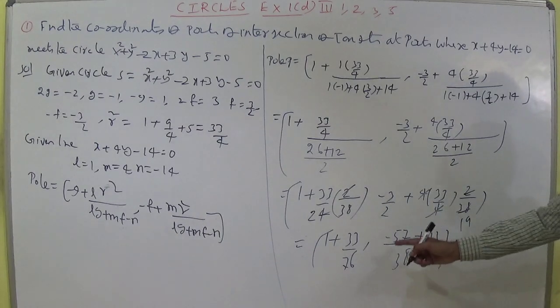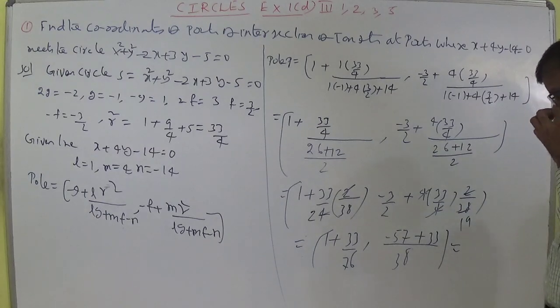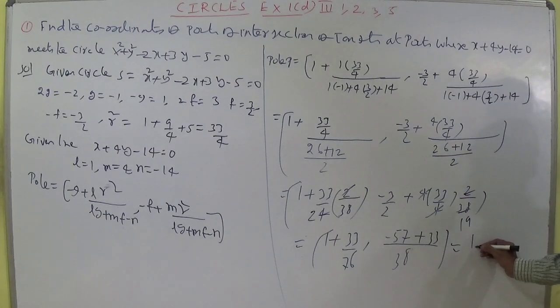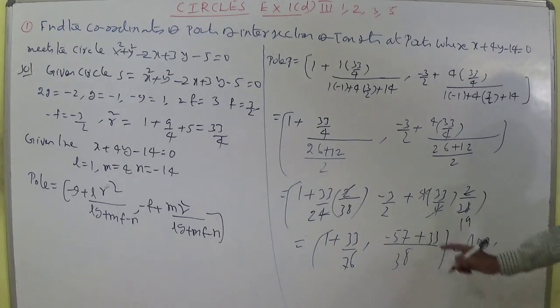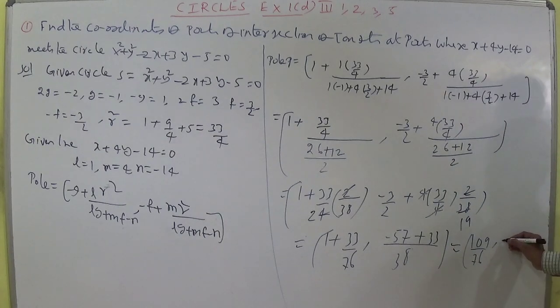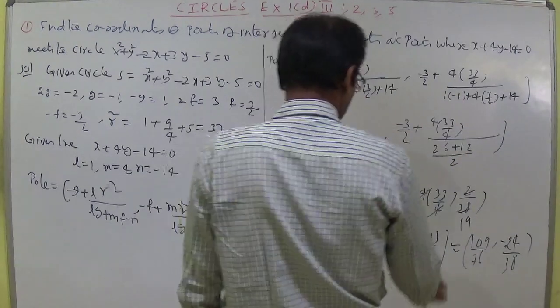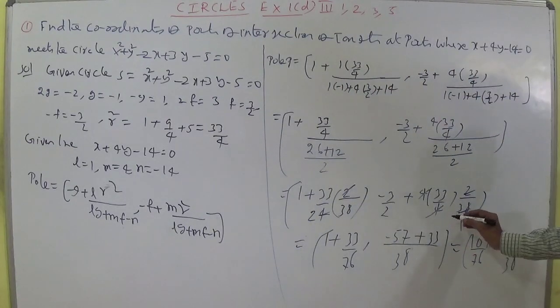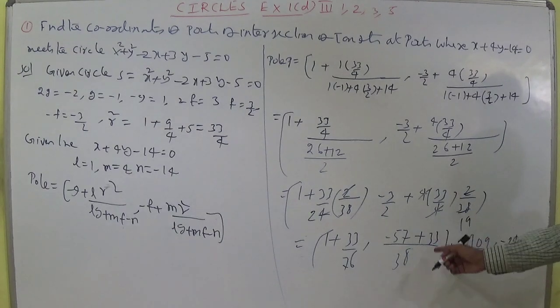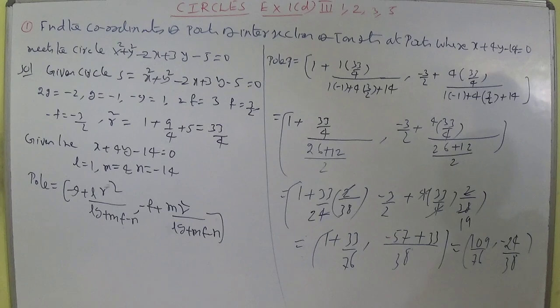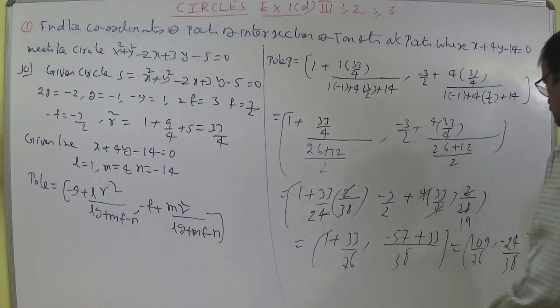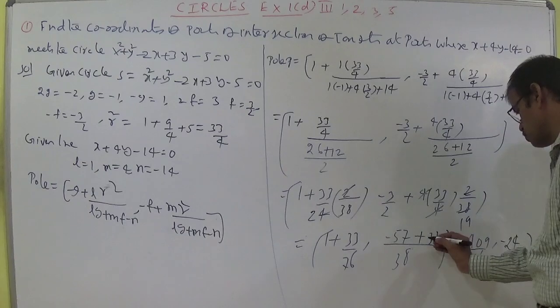You can write as 76 plus 33, which is 109 by 76, comma, minus 57 plus 33 becomes minus 24 by 38, that is minus 12 by 19. The 4 got cancelled, this is 2 times, 2 by 19, correct. 19 to the LCM, minus 57 plus, here 2 into 33, students, you should write 66.